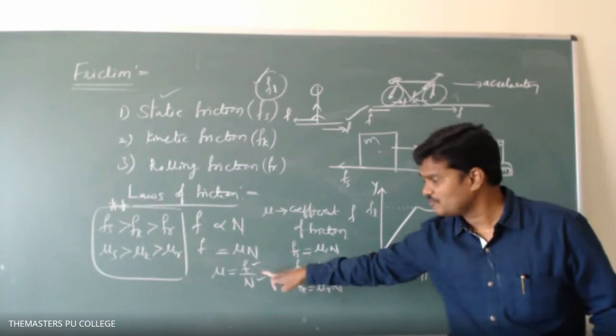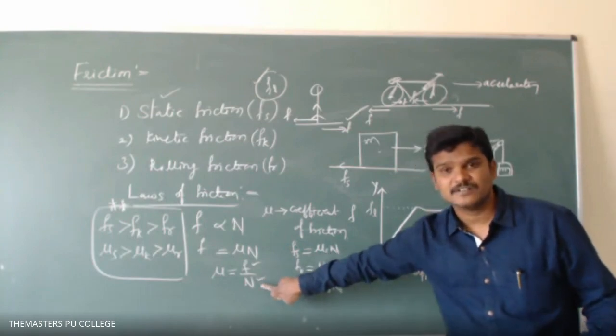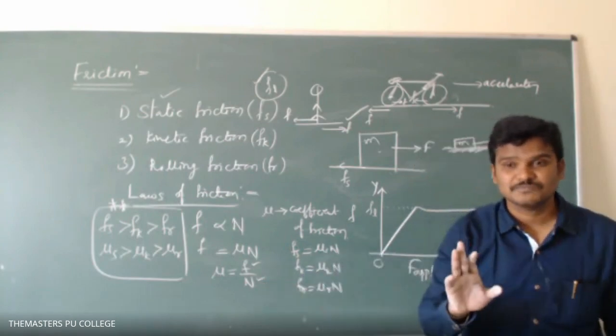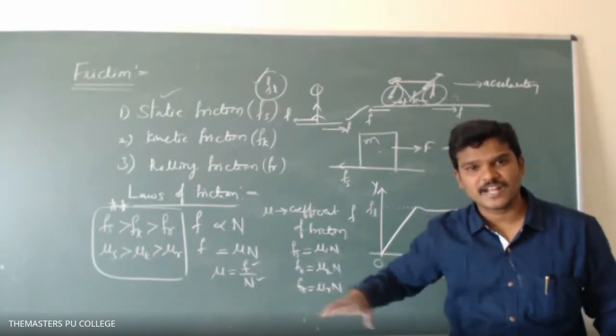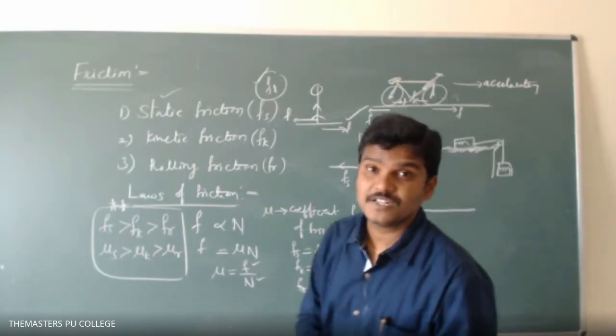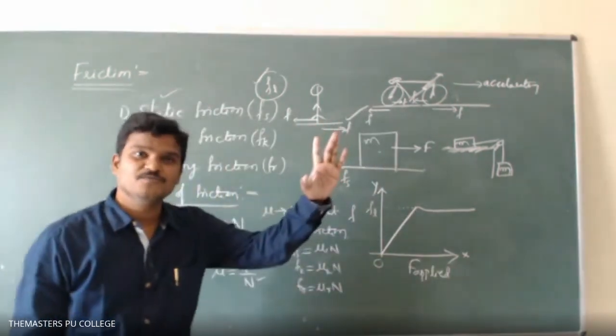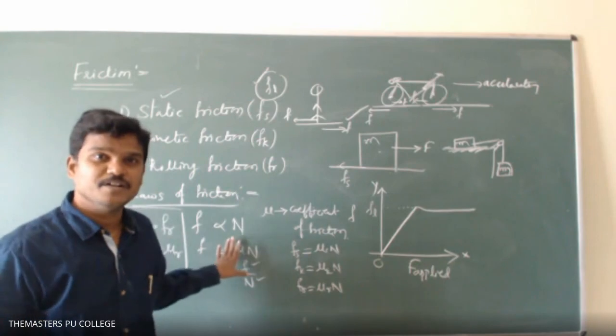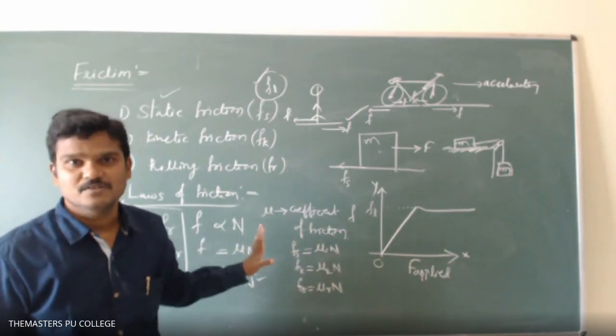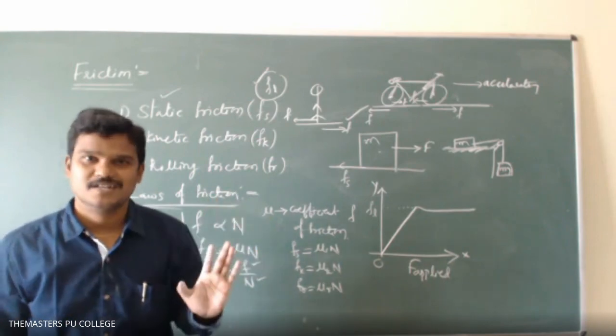It is the ratio of frictional force to the normal reaction. Normal reaction is also a force, force by force, newtons cancel. So it does not have any units or dimensions. The coefficient of friction is a constant.